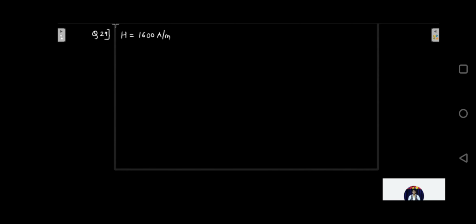Okay, so that is why units are very important. Magnetizing field is actually the field which magnetizes the magnetic material. That is what we had learned, using the textbook definition. But according to that the unit should have been Tesla, but here the unit is given as ampere per meter. That means what they have given us is the intensity of magnetic field and not the magnetizing field in reality.